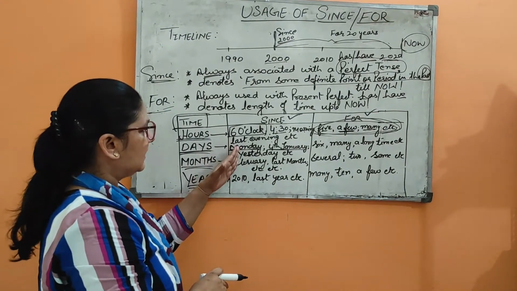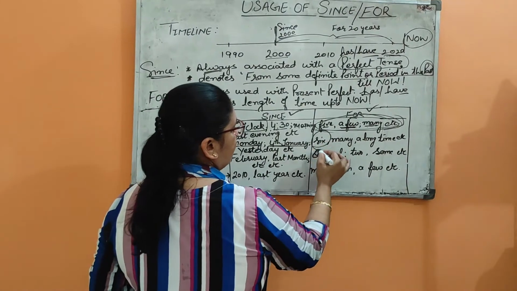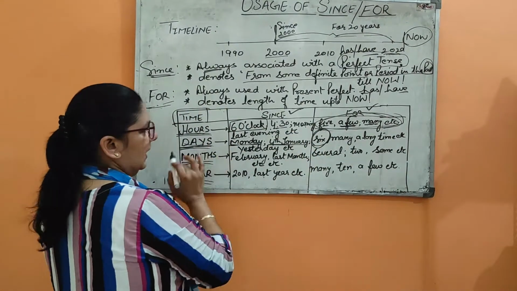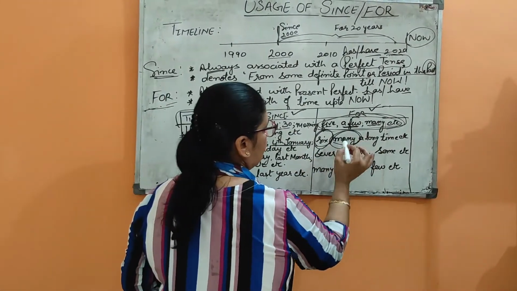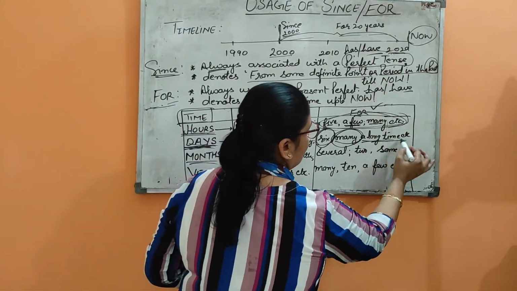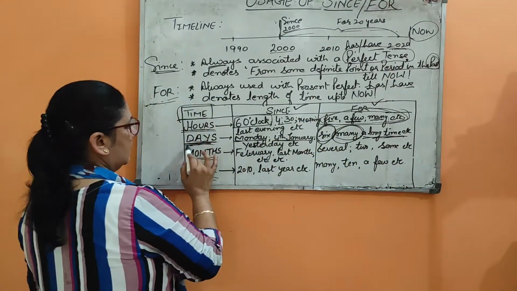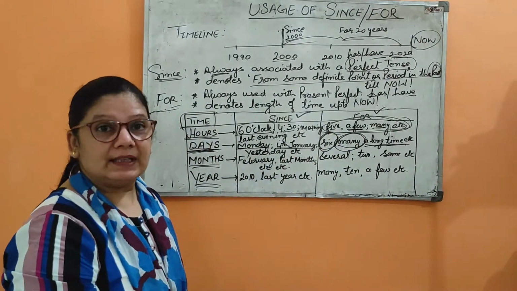If we have to use for, I have been exercising for 6 days. I have been doing this job for many days. They have been looking at that place for a long time, because a long time means days.